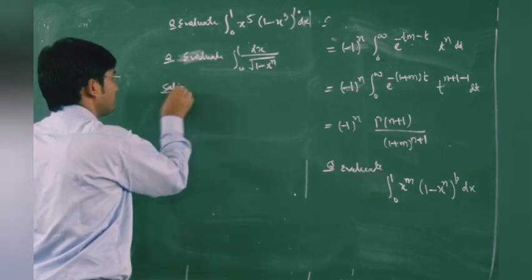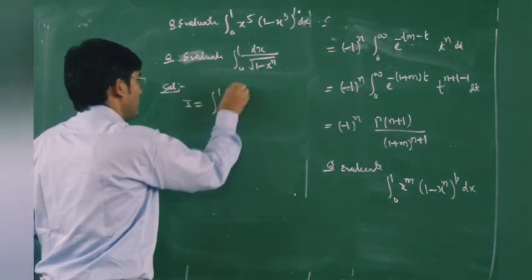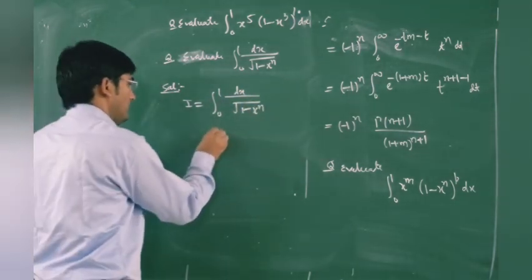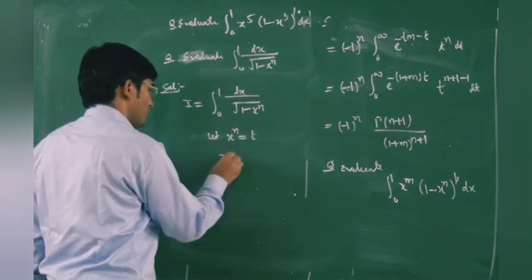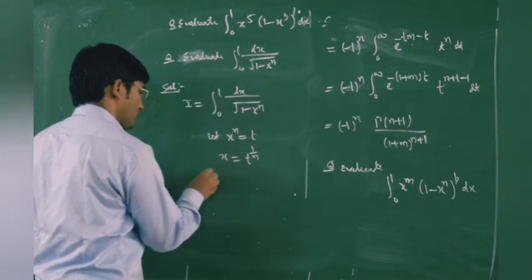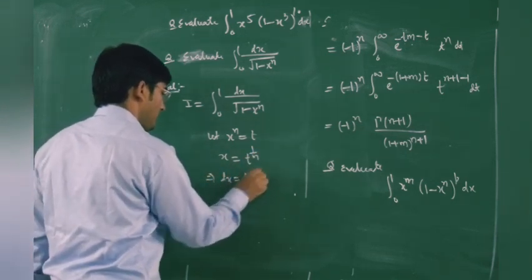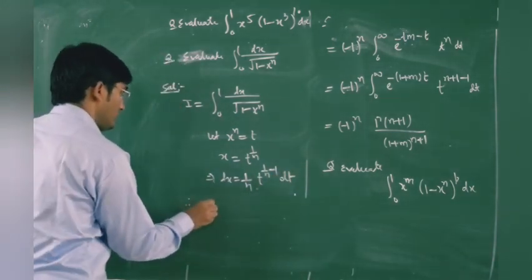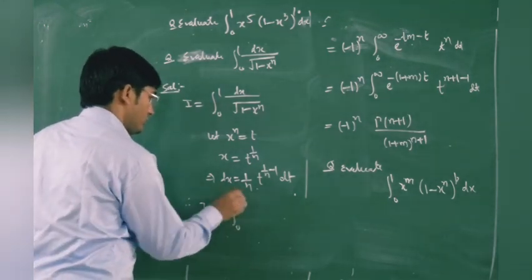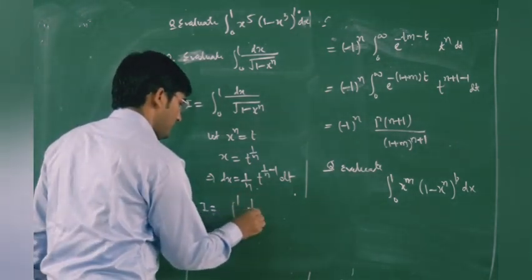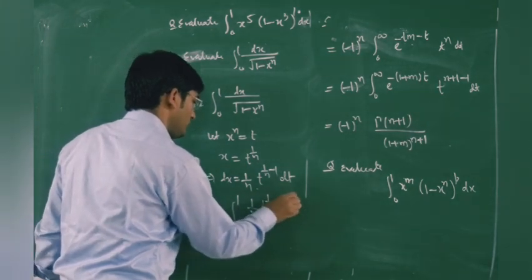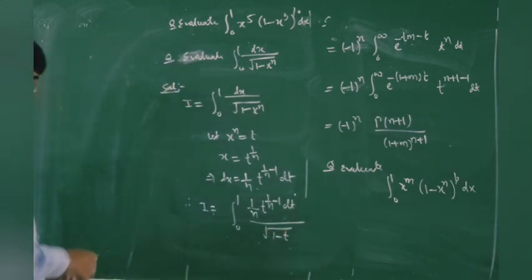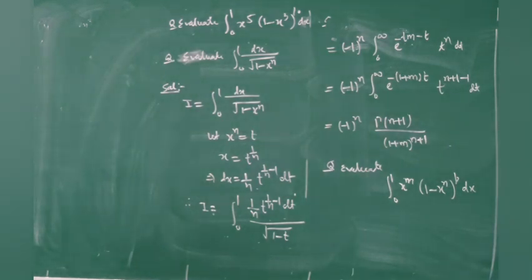So solution: I is equal to the integral from 0 to 1 of dx upon the square root of 1 minus x to the power n. Let x to the power n be equal to t, then x will be t to the power 1 by n. So dx will be 1 by n, t to the power 1 by n minus 1 dt. Therefore I is equal to the integral from 0 to 1 of 1 by n, t to the power 1 by n minus 1 dt divided by the square root of 1 minus t.